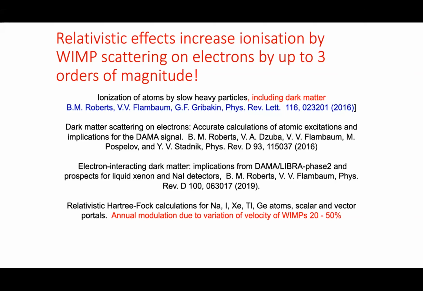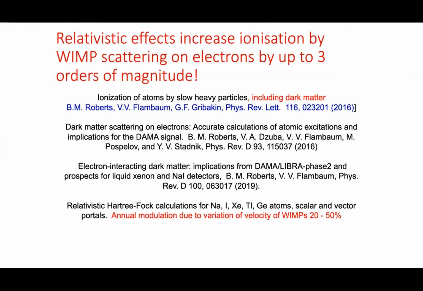The old calculations were done in a very approximate way, with a kind of plane wave approximation and so on for outgoing electrons. We did this properly, and we included relativistic effects. And what is amazing, relativistic effects increase ionization by WIMP scattering on electrons by up to 3 orders of magnitude.